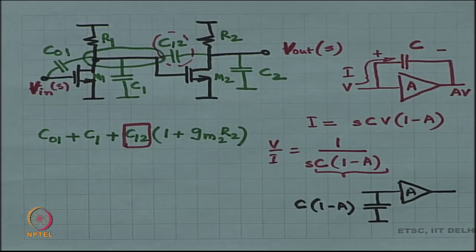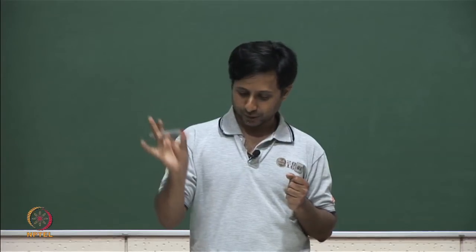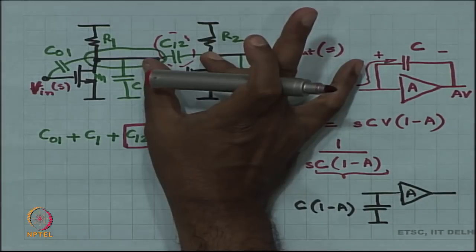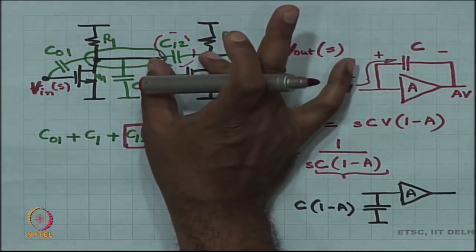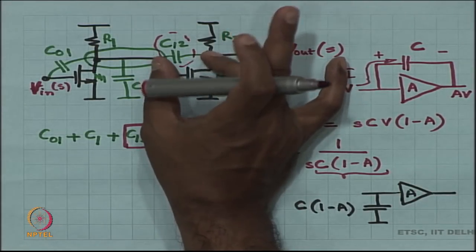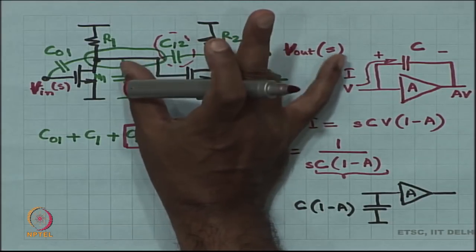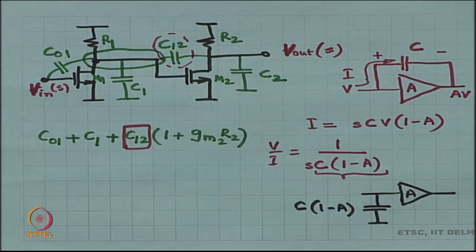Fine. Are you able to follow my thought process? My thought process is that from outside I am going to add a certain value of C12 on top of what is already there. Remember, C12 was actually the culprit. Okay. C12 is causing a lot of confusion. Okay. It is causing me to end up with a denominator polynomial which is so complicated that I refuse to factorize it, even though it is second order.